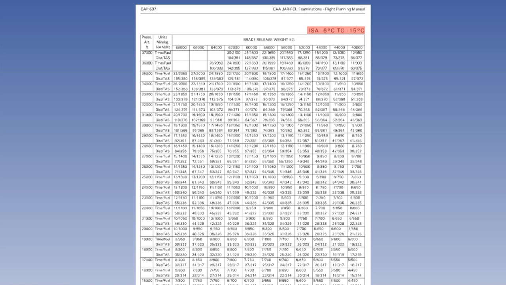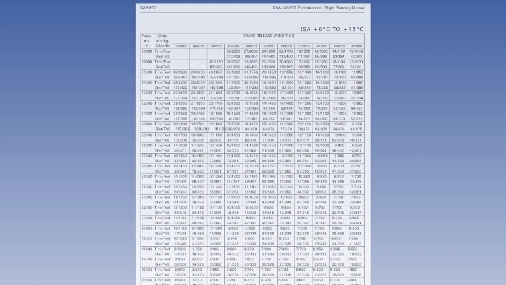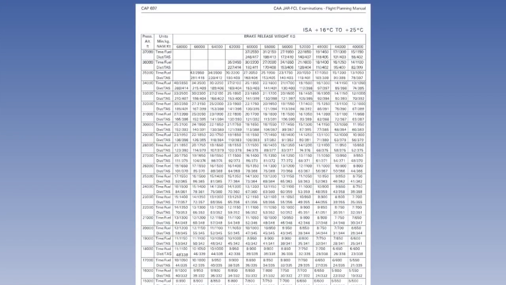Figure 451 on page 19 gives the data for EASA deviations of between -6 degrees Celsius to -15 degrees Celsius, whereas the same figure number on page 20 deals with EASA deviations of between -5 degrees Celsius to +5 degrees Celsius. There are a further 2 figures 451 showing the data for EASA deviations from +6 to +15 degrees and +16 to +25 degrees.